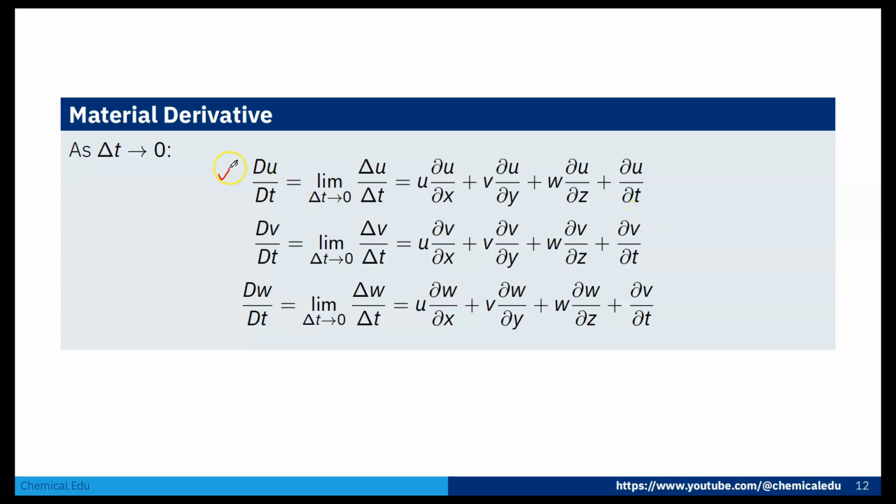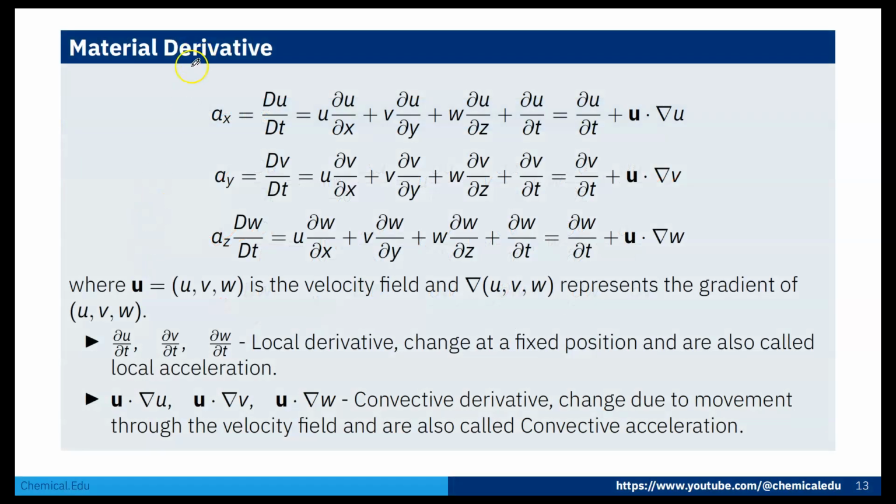So that is Du/Dt, and similarly we get capital Dv/Dt and capital Dw/Dt. So we'll get the material derivative. This is the x component, y component and z component. That is nothing but the acceleration. This is actually the change of velocity by change of time, which is called the acceleration in the x direction.